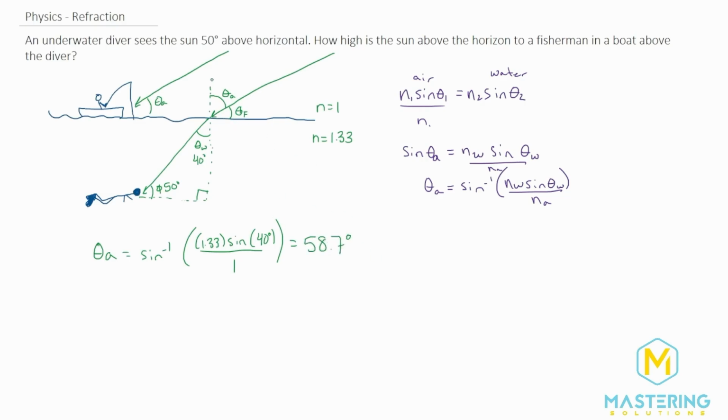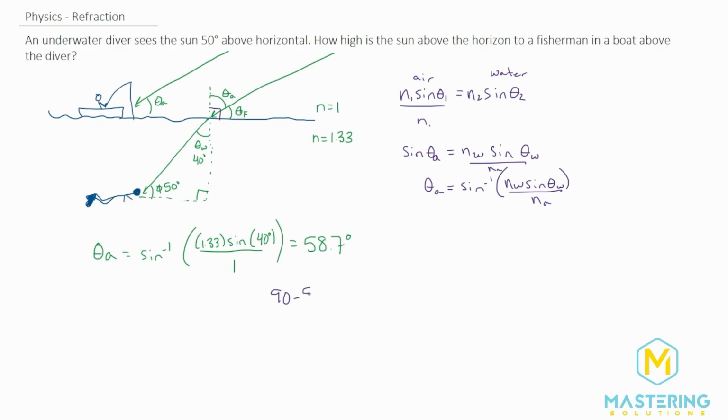And remember, we are finding from the normal out to the ray, that is the angle that we just found. This, of course, is 90 degrees though, and so to find our answer of what is the angle above the horizon for the fisherman, we take 90 minus the angle we found.